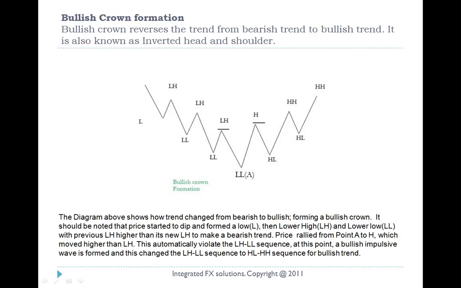At the point that price made a high, it formed a bullish impulsive wave. If you remember that price waves in A, B, C, D pattern, now when price has made a high, it is expected that price will retrace to form a C, that's the higher low, and move higher than the previous high to form a higher high.